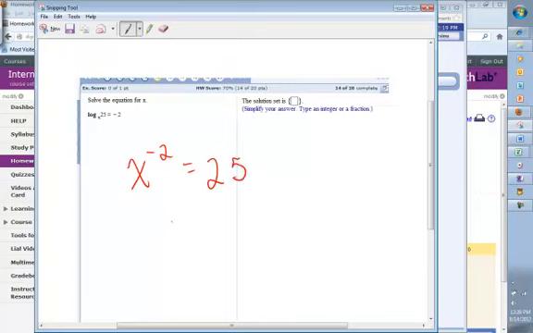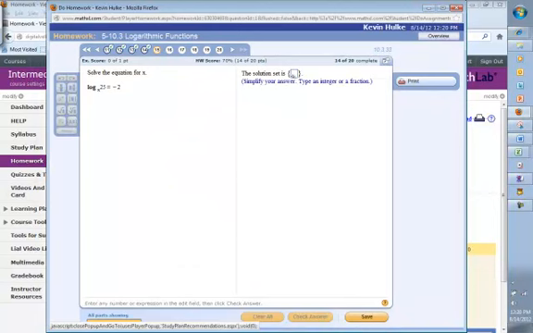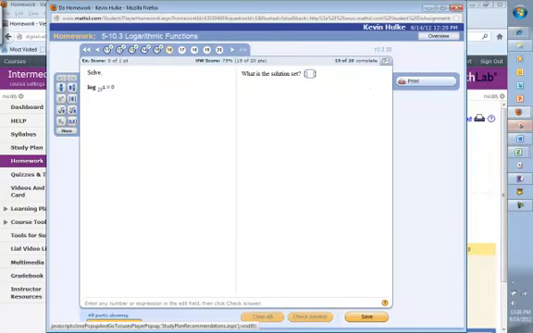We want to get the x all alone, so let's take both sides to the negative 1/2. Multiply these two exponents. You get x equals 25 to the negative 1/2. So x is the square root of 25, but it's in the denominator, which is 1/5. So we would write fraction 1/5. Number 16.